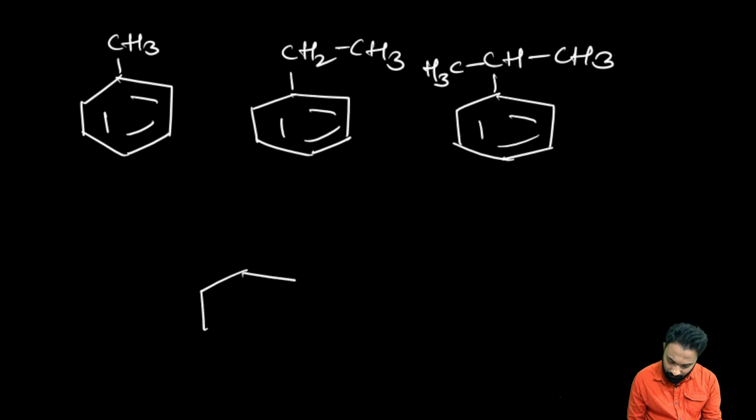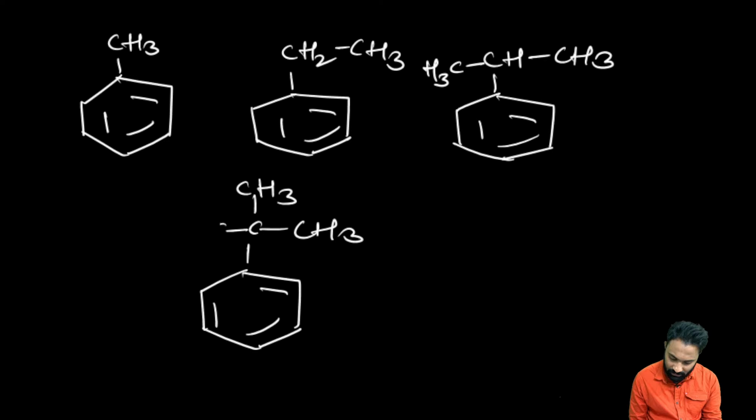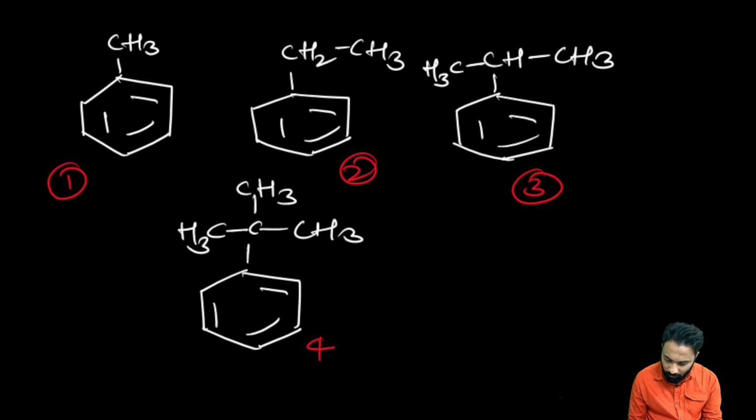Now, if a tertiary carbon is attached to the benzene, suppose they have given these 4 compounds and ask which among the following has the high plus H effect, among the 1, 2, 3 and 4, which has the high plus H effect, the hyperconjugation effect.